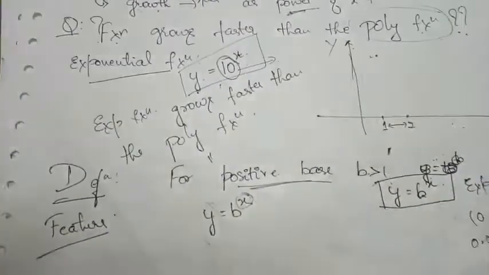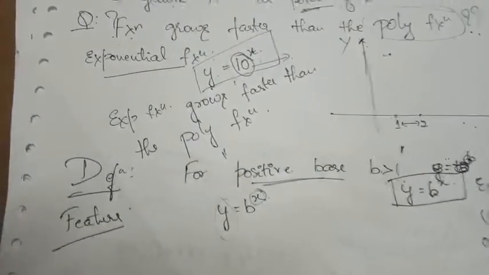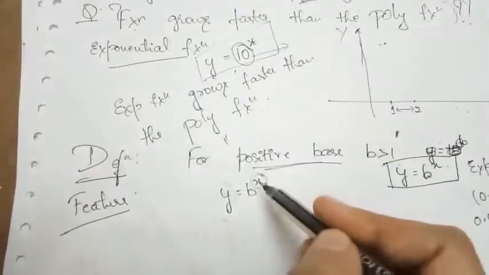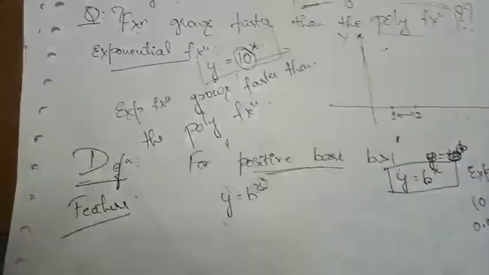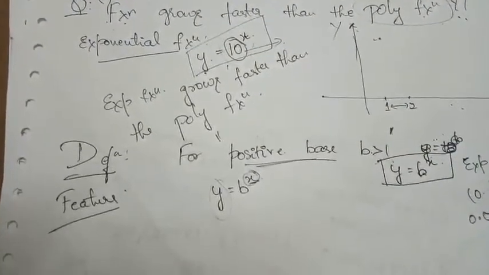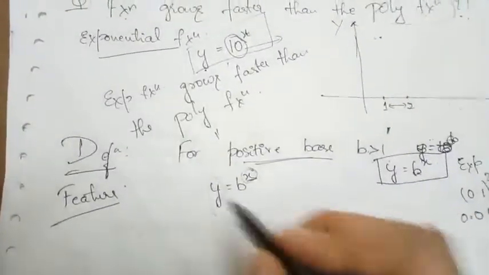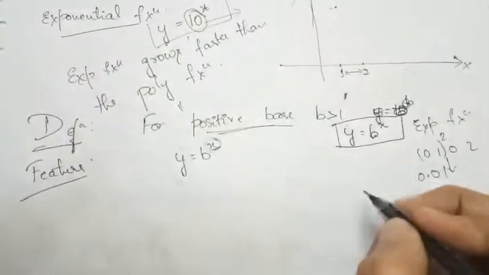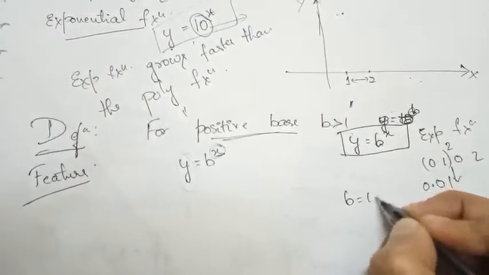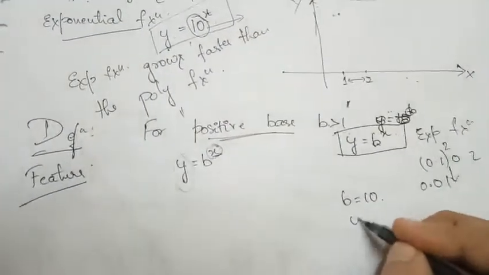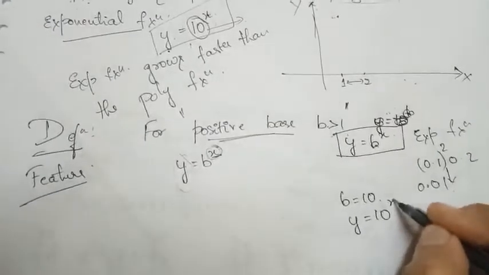As the value of x changes, y is also going to change. So what values is x going to hold? You can check it with an example. Suppose I consider b is equal to 10, what happens? y is equal to 10 to the power x.